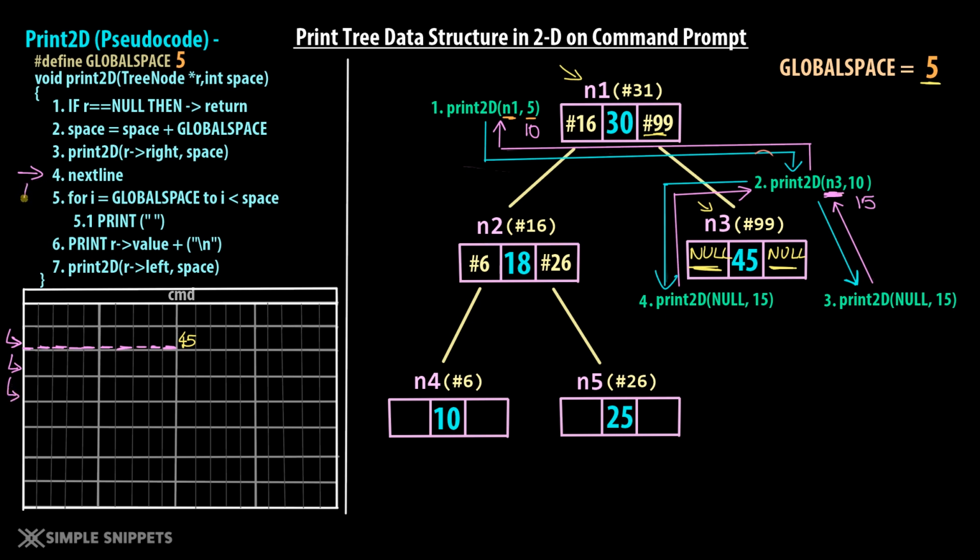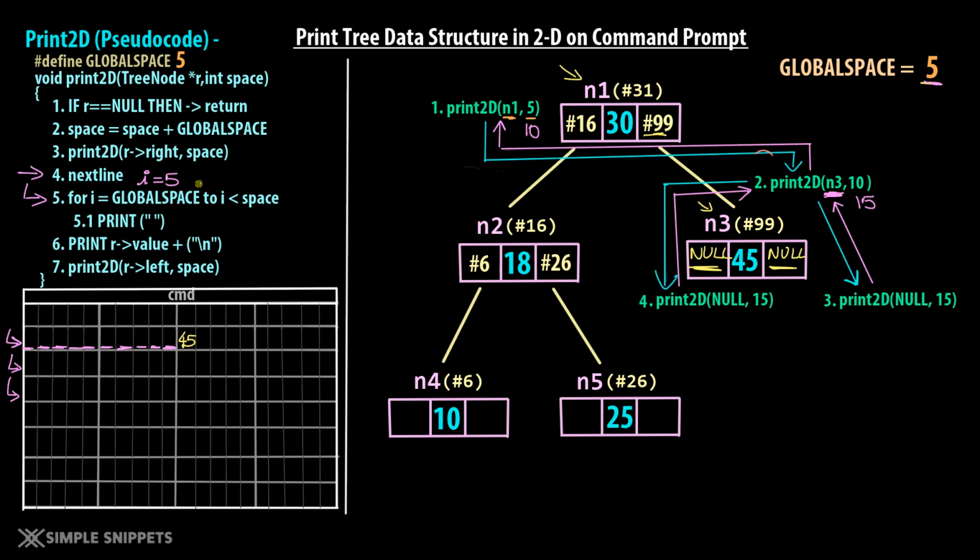After that, we will say for int i equals global space to i less than space. What is the value of global space? It is 5. So from i equals 5 to i less than space. Now remember, inside the first print2d, the space variable value is going to be 10. That's why we wrote 10 over here. As I mentioned, we are going to use this now.